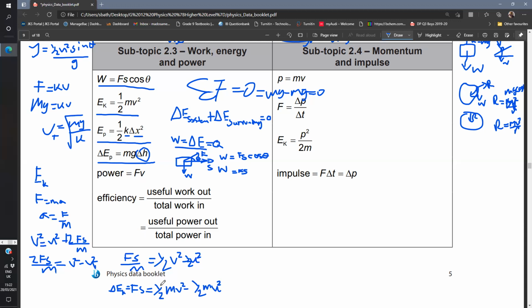So this is basically the change of energy, the formula for the final minus the formula for the initial, because it's a difference. So basically Ek is just equal to half mv squared. And that's how we get it.